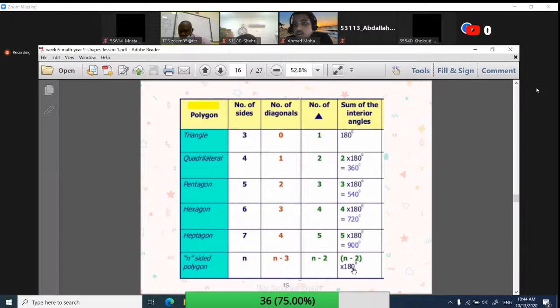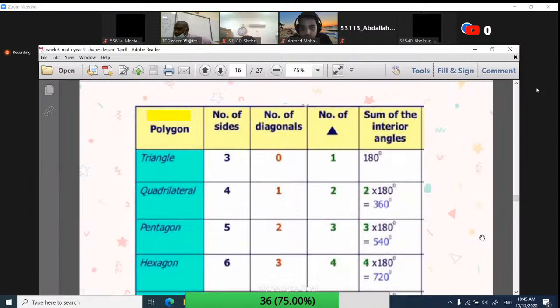Then 5 times 180. What do we get if we multiply 5 by 180? 900. So the sum of interior angles of a heptagon is 900 degrees.